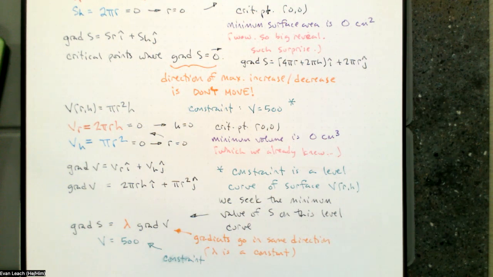So the gradient of S equals lambda times the gradient of V. That is going to be two equations with three variables, two equations in S, R, and lambda. And so I need a third equation that involves S and R. So that's going to be our constraint.